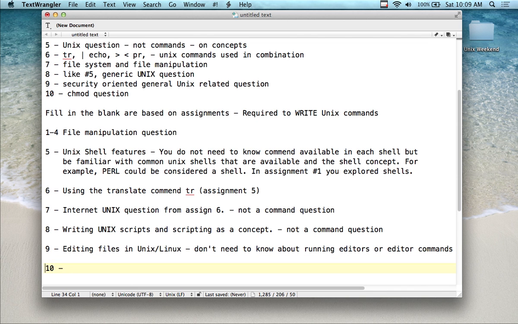Number 10 is a generic Unix Linux question, not a command question, but it requires you to write a sentence or write an answer. So it's a generic Unix question, no command, just answer a question in words.